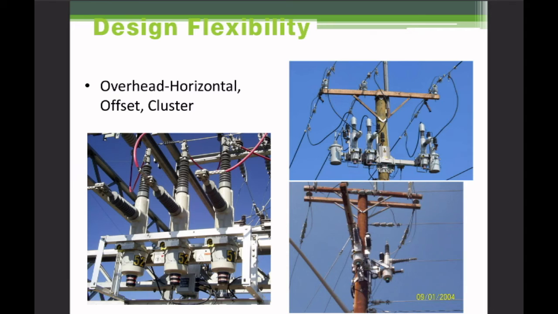So here's some examples, and you can see from these examples that these are very compact in their nature compared to the other switchgear styles that we'd seen, which were very large and very bulky.